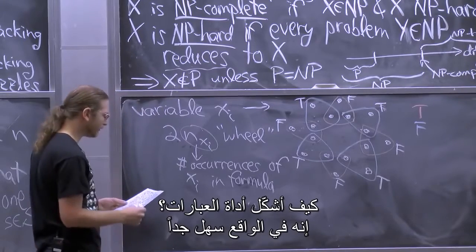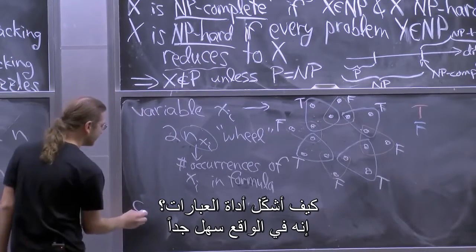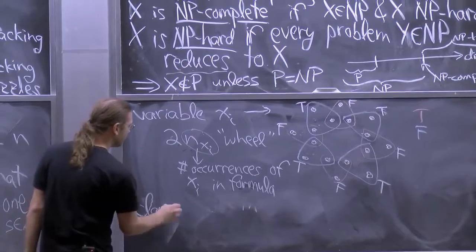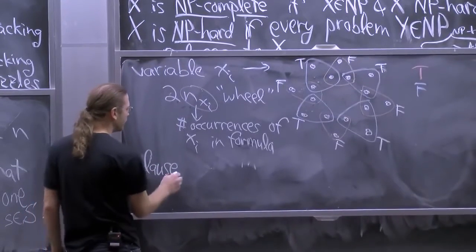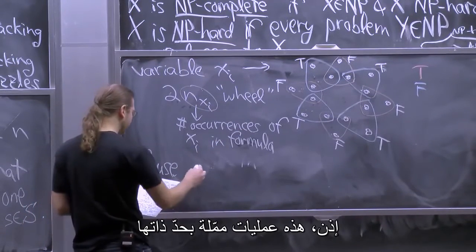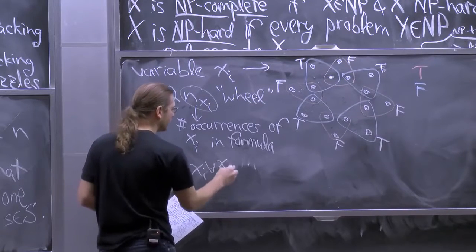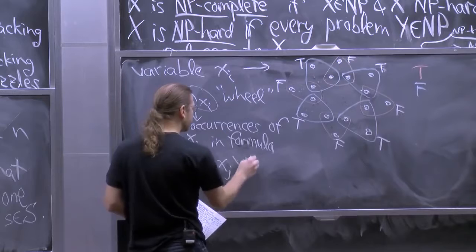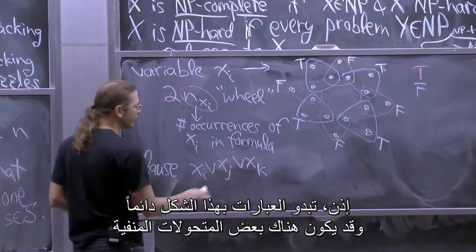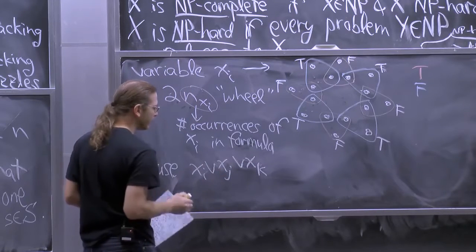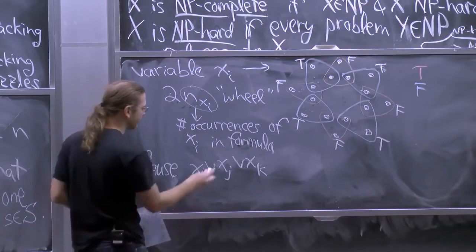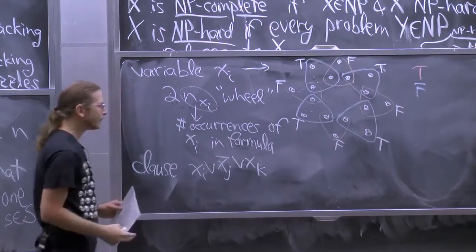Okay, how do I do a clause gadget? It's actually really easy. So these would be pretty boring by themselves. So a clause always looks like this. Maybe there's some negations. Yeah, let's do something like that.